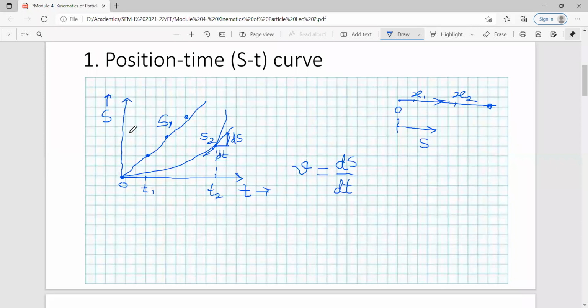Okay. So we are also drawing a graph in this case with displacement on the y-axis. To measure the displacement of the object, we have the origin point or reference point. From this reference point we will be measuring the distance of the object like this.